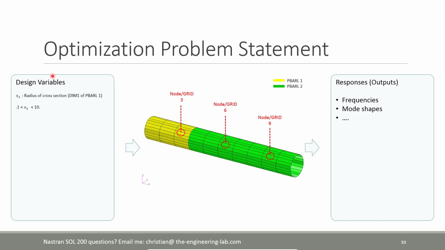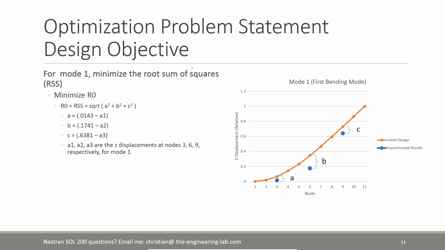So now let's go over and talk about our objective and constraints. This model is going to produce a number of quantities. It's going to produce natural frequencies. It's going to produce mode shapes. These are the quantities we will be focusing on for this example. So the first quantity we want to focus on is for the objective.